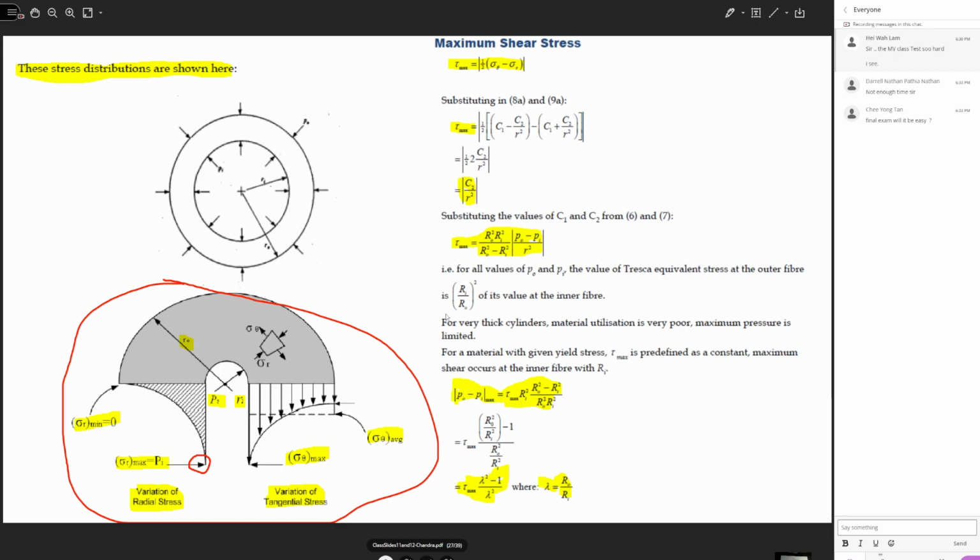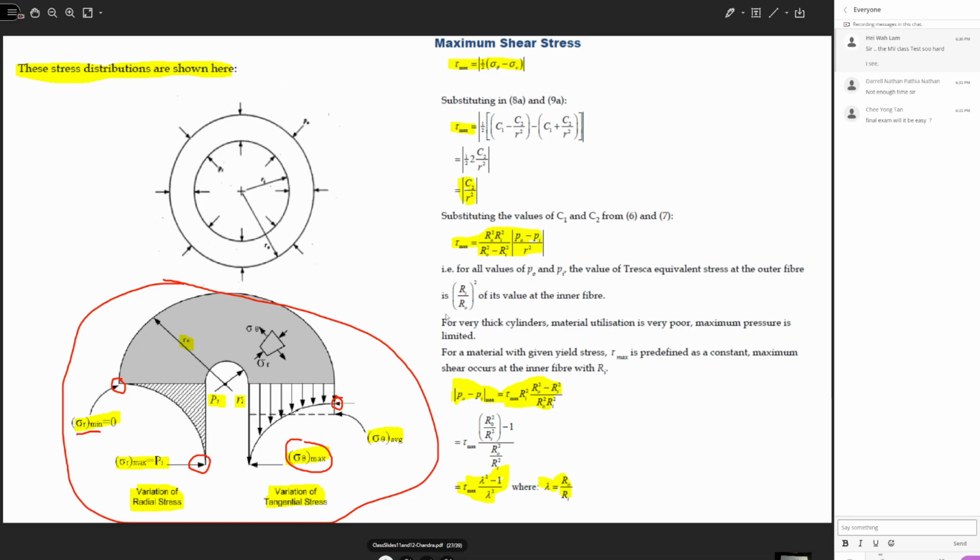As a rule, at the outer radius the radial stress will be zero. Whereas the tangential stress is maximum at the inner radius, sigma theta maximum, and at the outer radius it still retains some value. The tangential stress will not be zero at the outer radius.